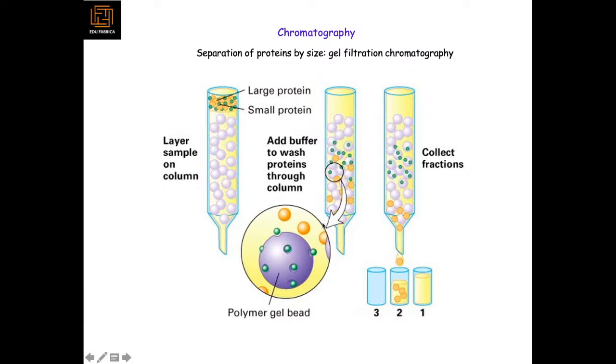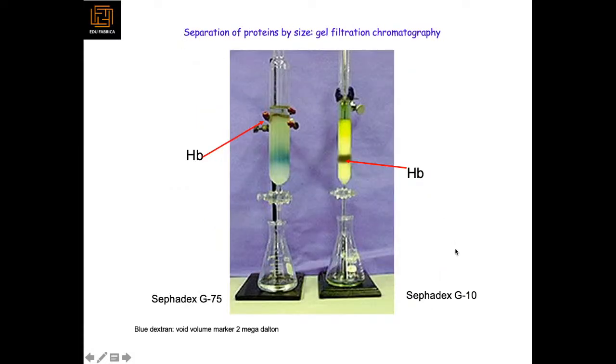The yellow ones go down, the green ones join the beads, and later in the collected fractions we get our samples. This is separation by size. This is Sephadex G75, this is Sephadex G10, showing the fractionation range of these gels.